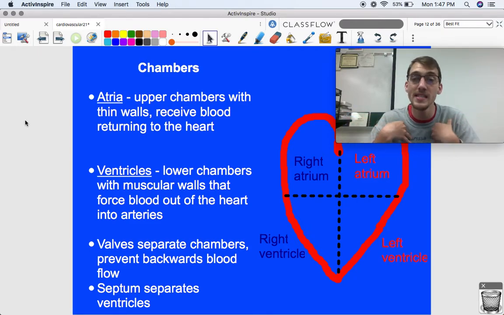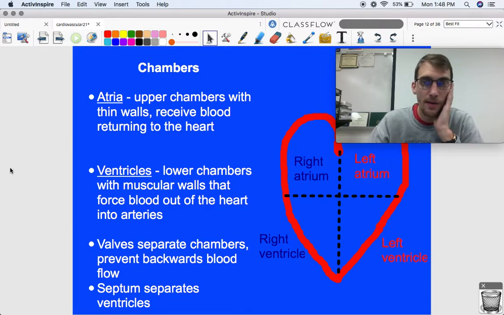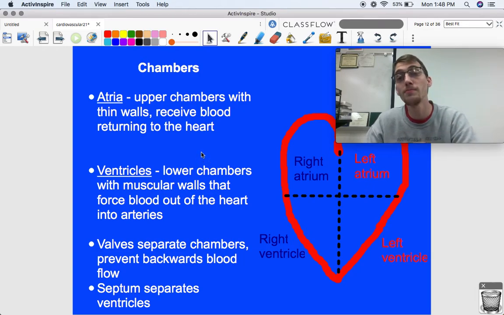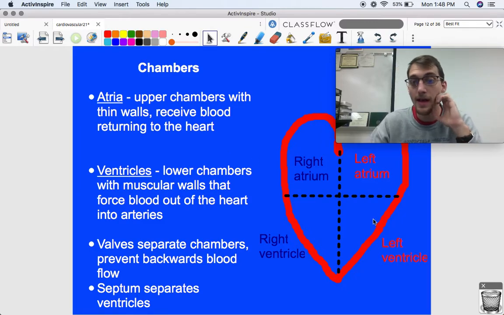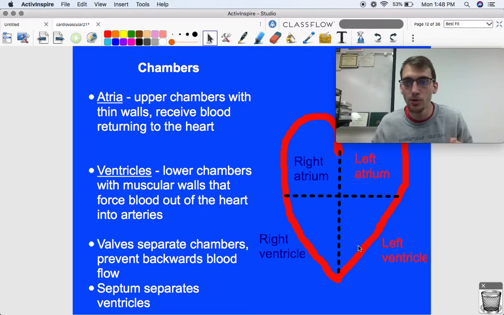The other 2 chambers, the inferior 2 chambers, are the ventricles, and they are muscular with thick walls, and their job is to force blood out of the heart into arteries. The left ventricle is going to pump blood to the rest of the body through the aorta, the largest artery in the body, and the right ventricle is going to send blood to the lungs via the pulmonary arteries. So the atria receive blood, the ventricles pump it out.